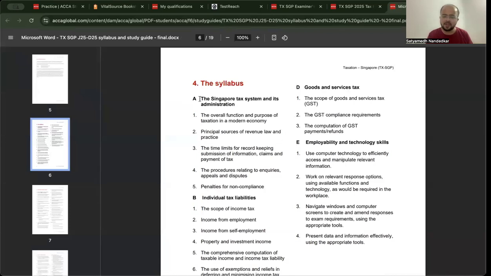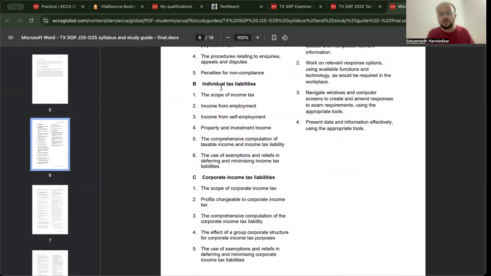The first part is the Singapore tax system and administration, which contains basics about how the Singapore tax system looks like, what are the limits for chargeability of income, what is the administration procedure, where do you derive the laws from, and how these processes work, what are some of the procedural aspects that a taxpayer needs to keep in mind, the specific activities with respect to inquiries, appeals, disputes, and all of that.